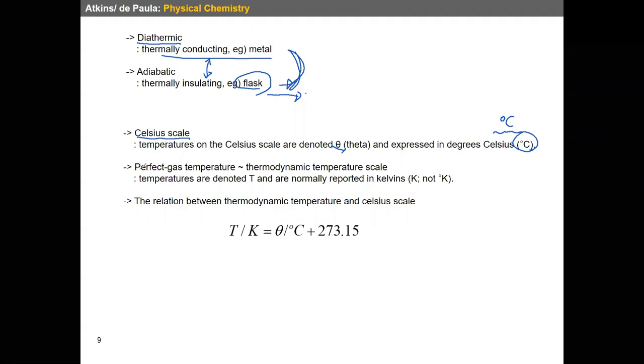So, for example, the perfect gas temperature and thermodynamic temperature scale are usually denoted as T. So theta is for the Celsius scale, and T is for the Kelvin scale. So these are the basic rules for physical chemistry.